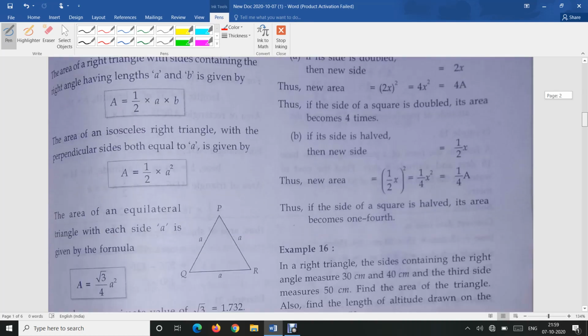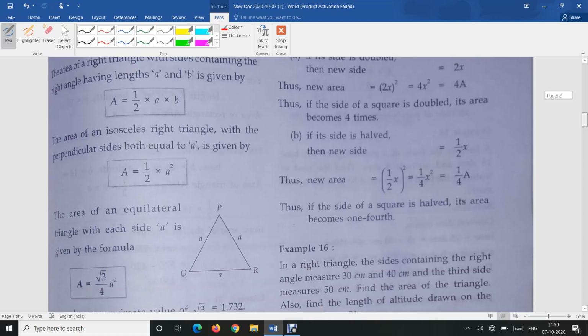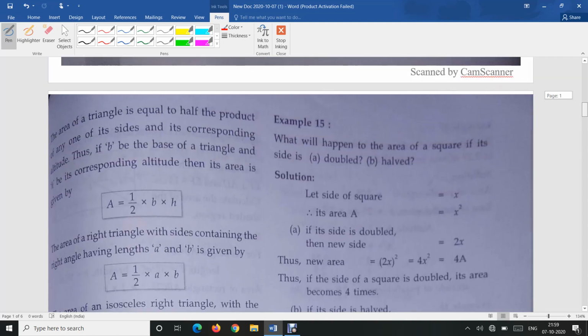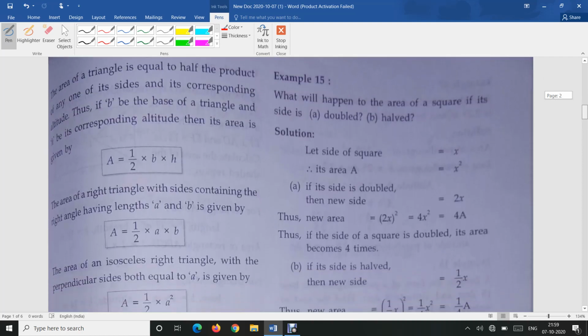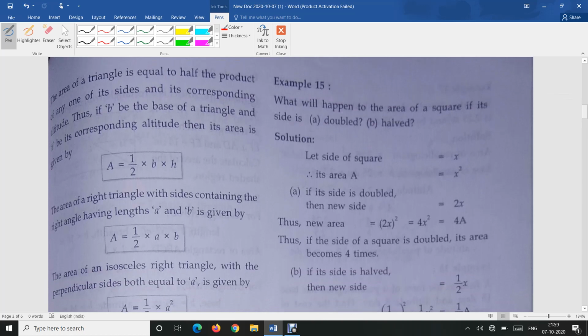Now the next one is area of an equilateral triangle. Before that, area is equal to half multiplied by b into h, where b is base and h is height.